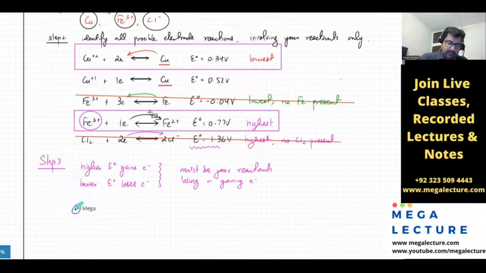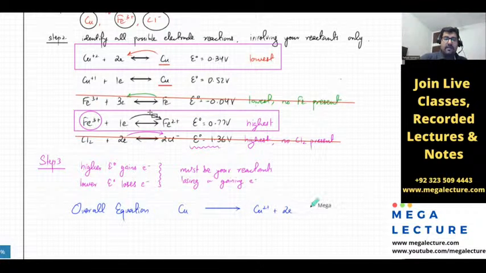So the overall equation will be, what will the overall equation be? That's the copper equation. Okay, the lowest one, copper, and copper is turning to copper 2 plus plus 2 electrons.